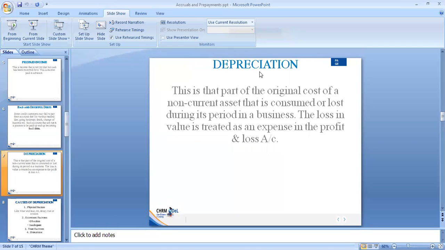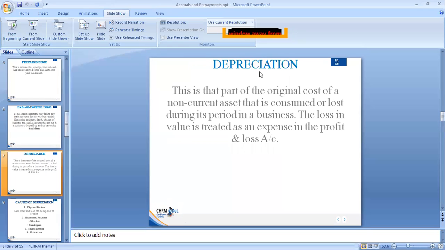Depreciation is defined as the loss in value of fixed assets. Fixed assets, once we acquire them, the amount that we spend on them is not considered as an expense in the business.